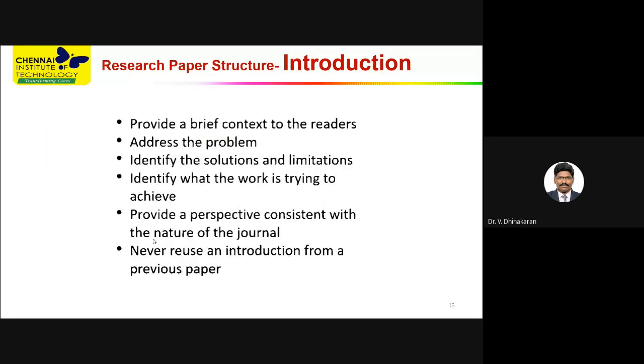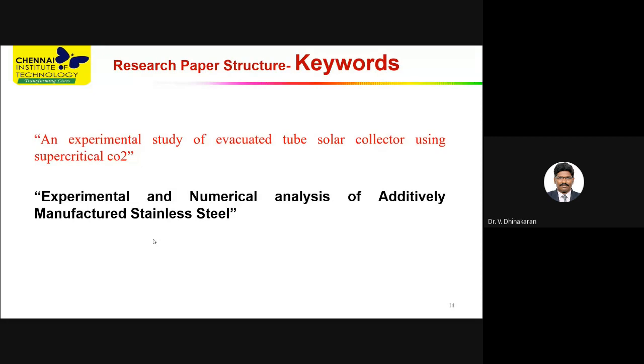See, these are two research titles I have given. The first is: an experimental study of evacuated tube solar collector using supercritical carbon dioxide. So how can we choose the keywords? You can have solar collector as a keyword. Then you can use supercritical carbon dioxide as a keyword.